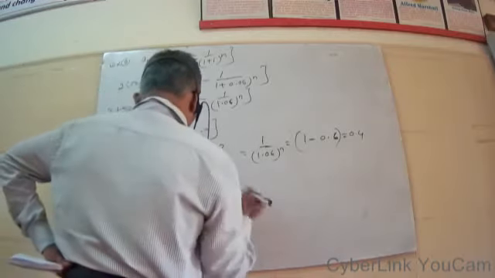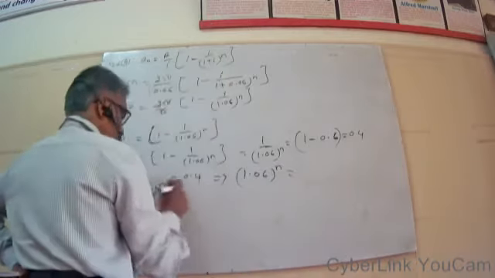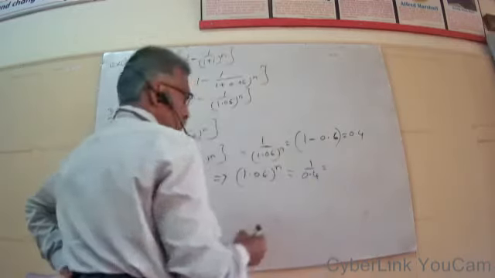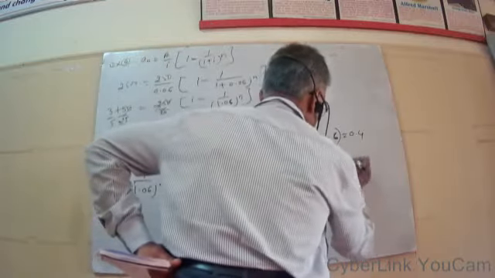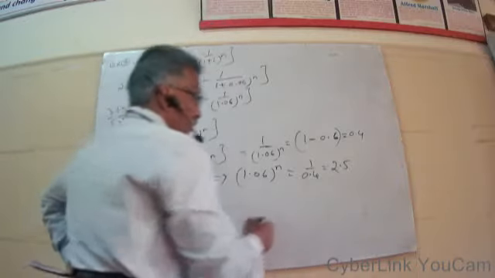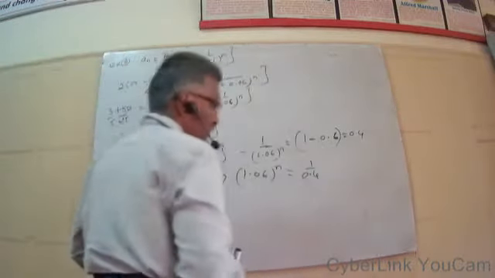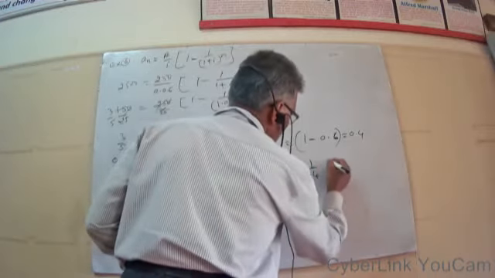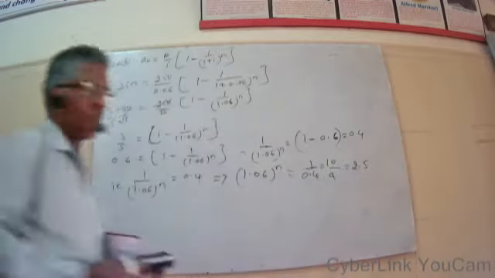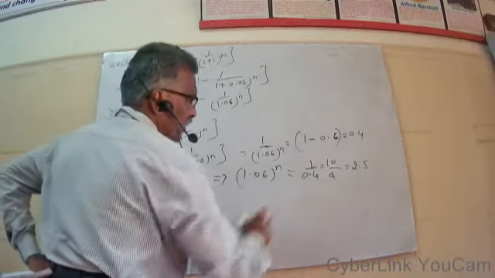So 1.06 raised to n equals 1 upon 0.4, that is 2.5. If you need simplification for how 2.5 comes, I can write this multiplied by 10, that is 10 divided by 4, which equals 2.5. Therefore 1.06 raised to n equals 2.5.